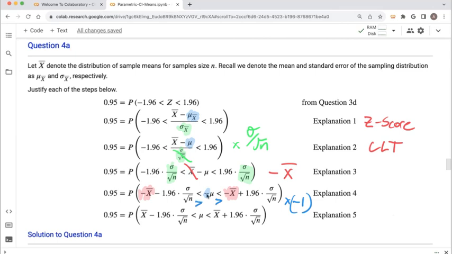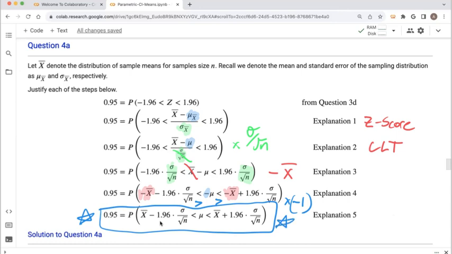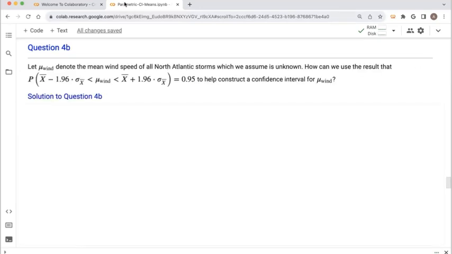And so by multiplying all terms in this inequality by minus 1 and subsequently changing the direction of these inequalities, that brings us to this very last line, which gives us an interval that has a 95% chance of containing the population mean mu.